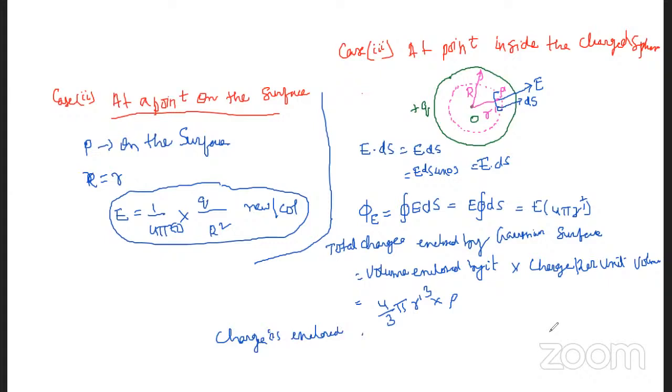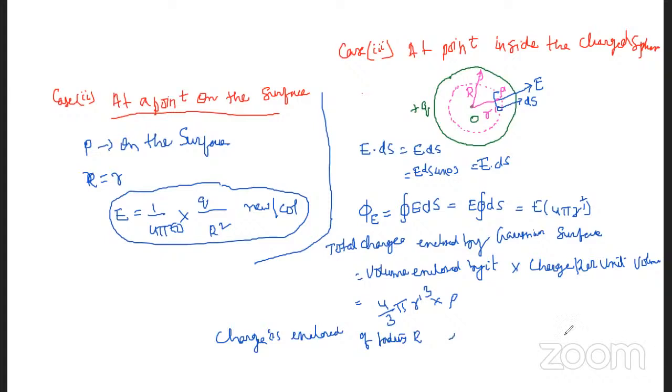The total charge, we said, is plus Q, already we have seen. So that Q by the volume, which is 4 by 3 pi capital R cube, we can get as 3Q by 4 pi R cube.